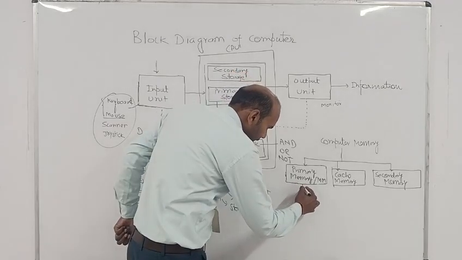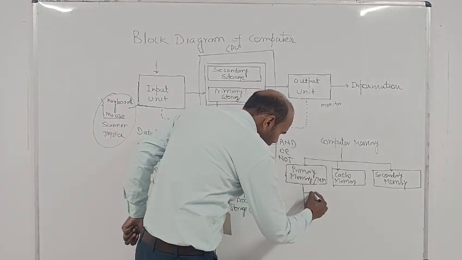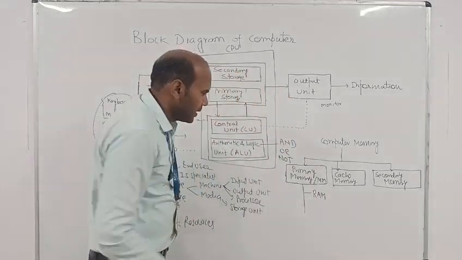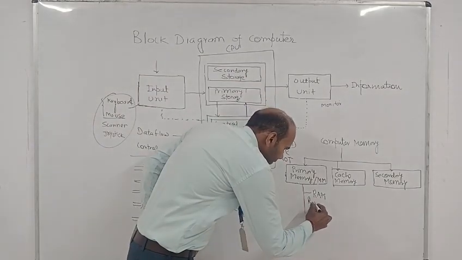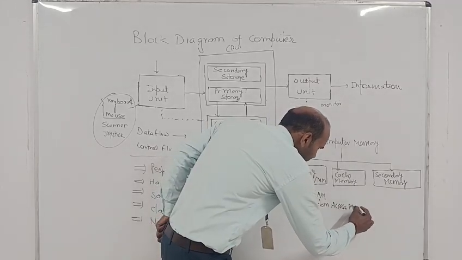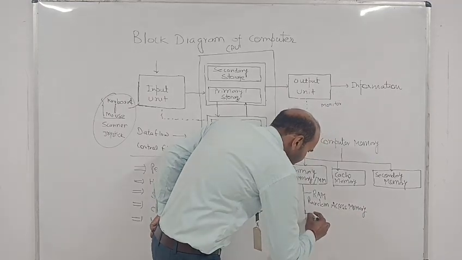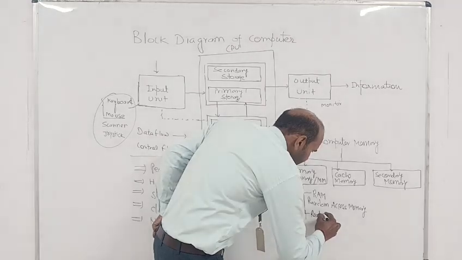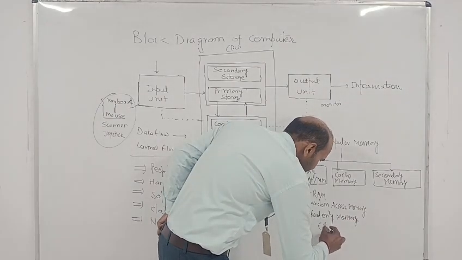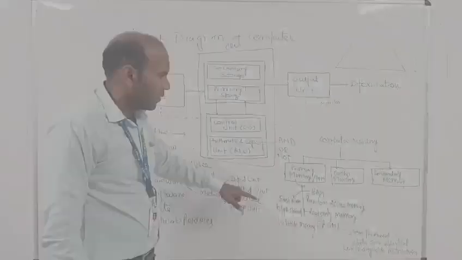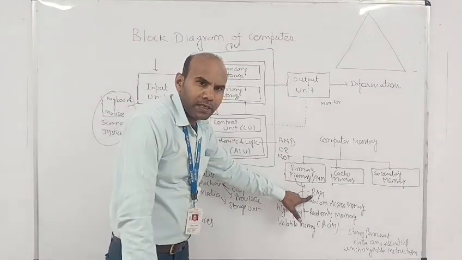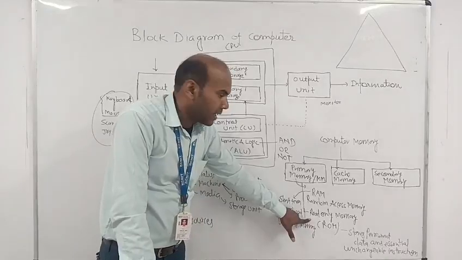Basically, this memory is classified into two important types. One is random access memory, and the second is read-only memory.